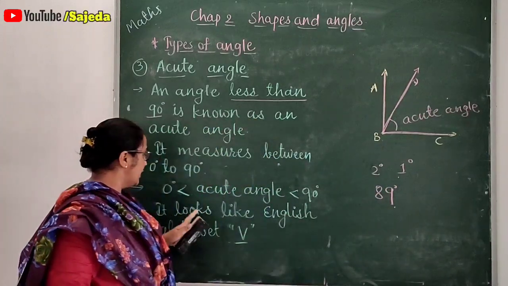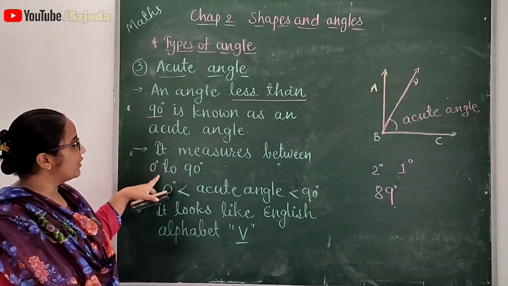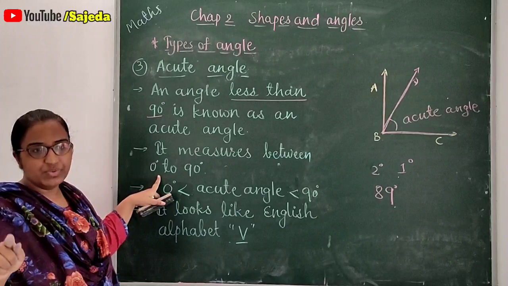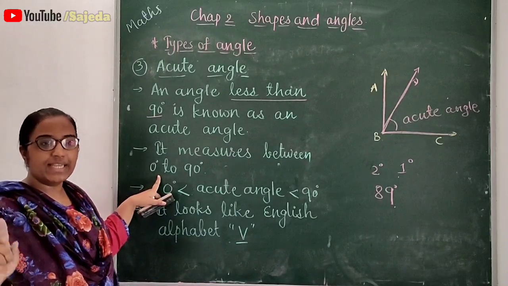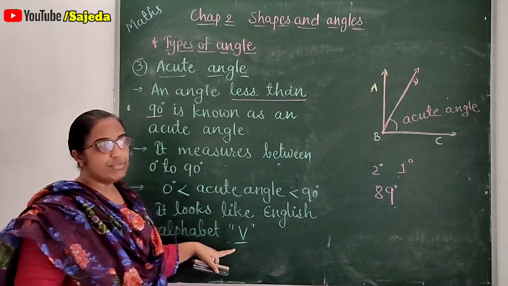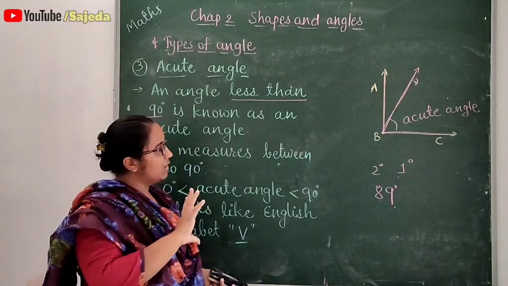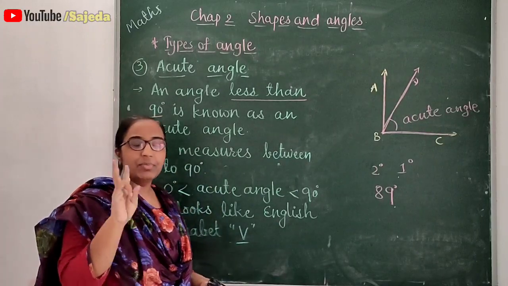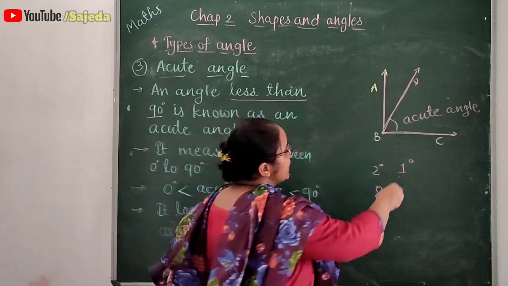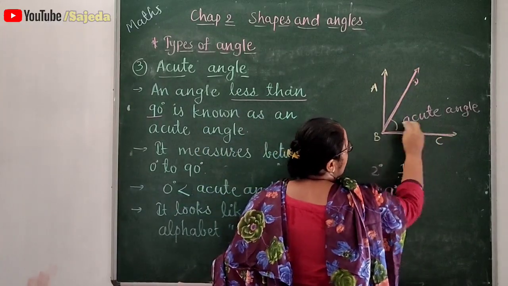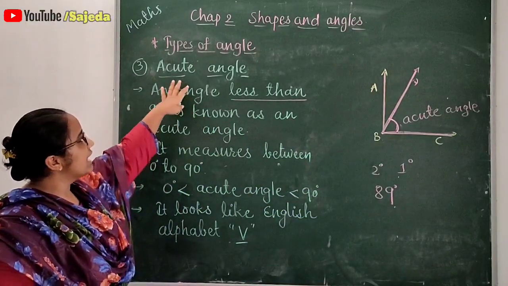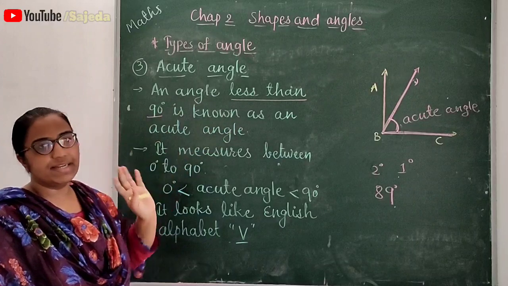This you have to remember: the measure of an acute angle is between 0 and 90 degrees, starting from 1 to 89. It looks like the English alphabet V. To identify an acute angle, you have to remember the English letter V. Here you can say this is an acute angle. So on the basis of this right angle, this is the first acute angle, less than 90 degrees.